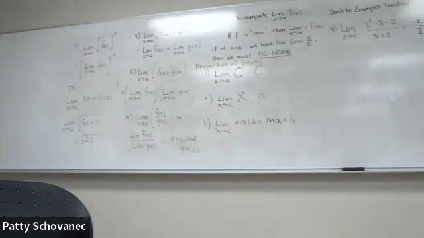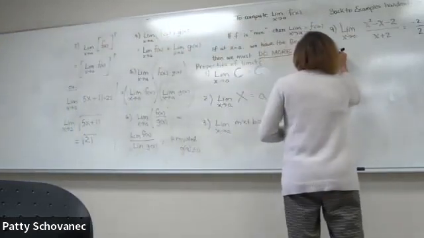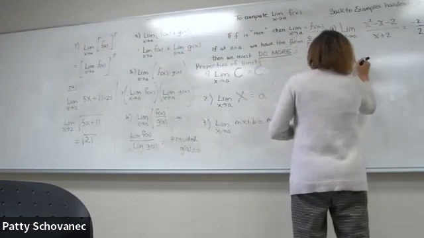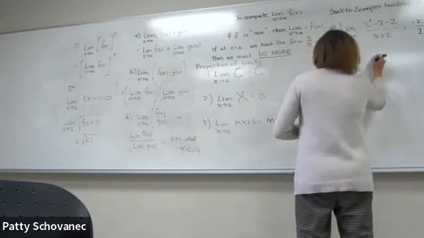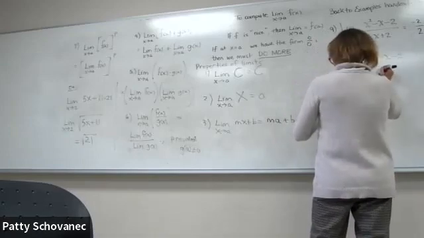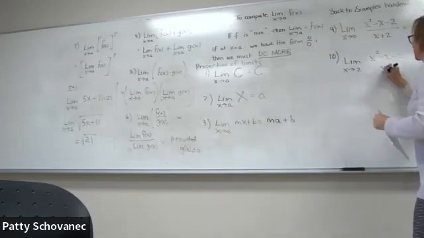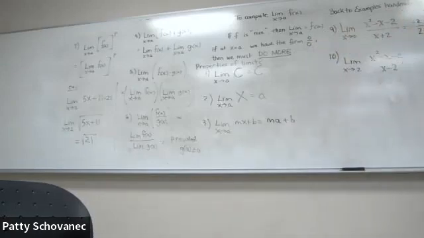So that's what I asked for next. What happens if we take the limit as x goes to 2? Now I made that an x minus 2 down there, so let's change that. When x is 2, the bottom is 0.